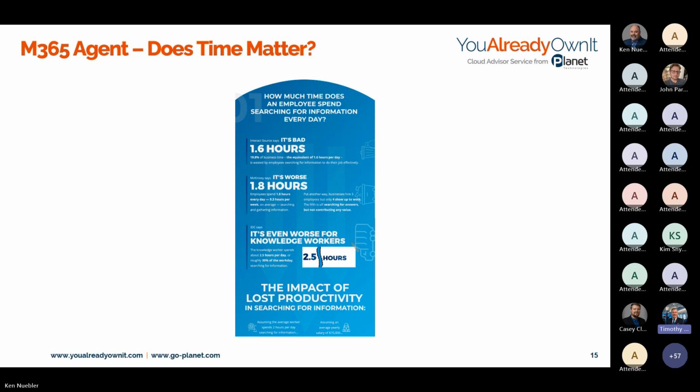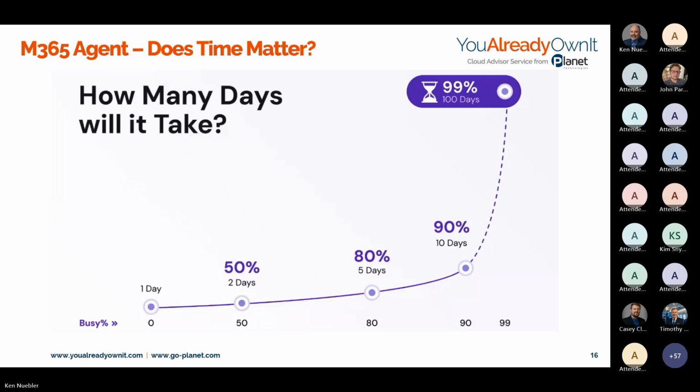So if you click next, this is from the book Come Up for Air. It does highlight the time problem that we all have. The point is, how long does it take to get an 8-hour task done? Well, if somebody had nothing to do, an 8-hour task would take 1 day. And I don't think anybody in our audience has nothing to do.